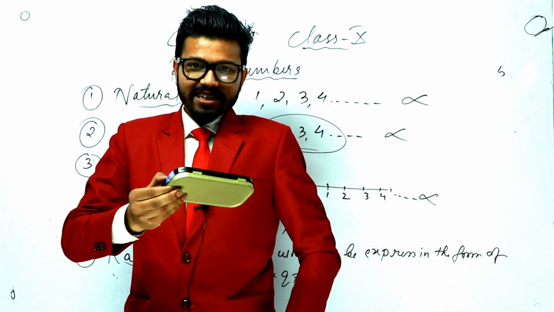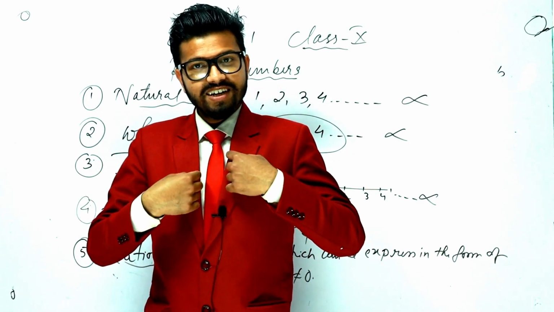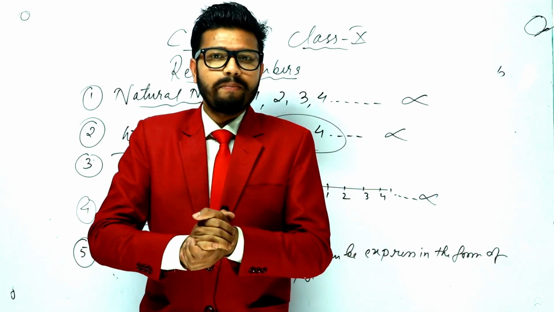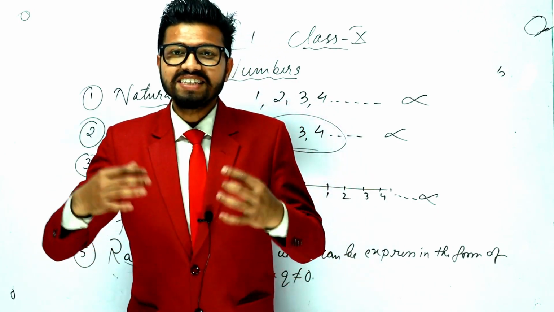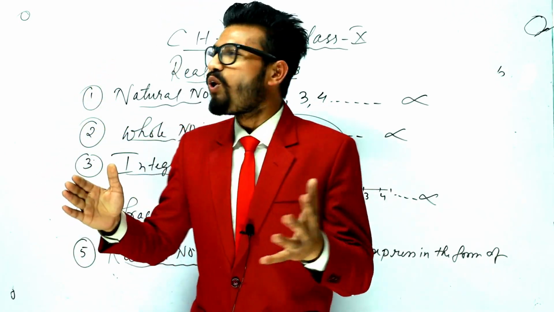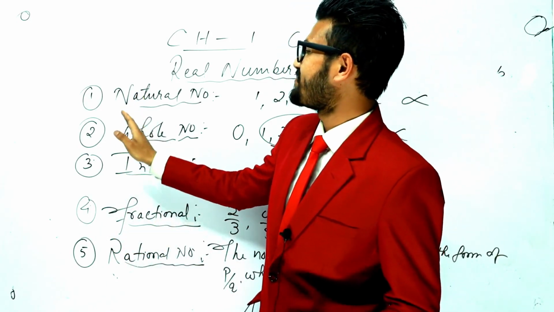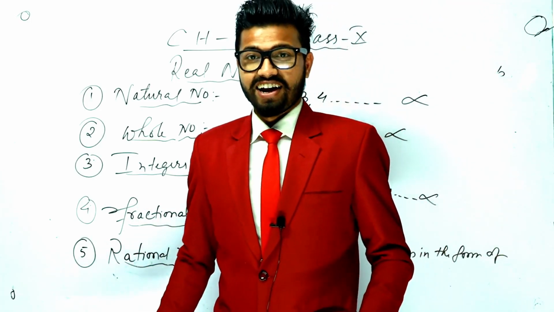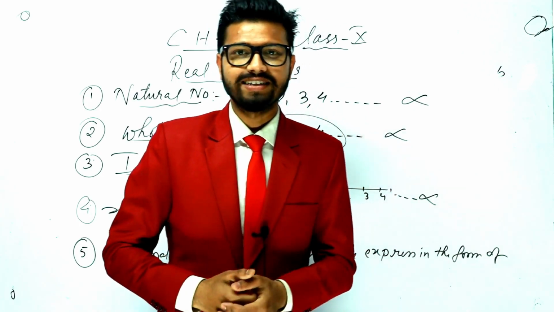Even the geometry box, the whole numbers, is included in my blazer, and the instruments like pencil and rubber as well. So the rational number includes natural numbers, whole numbers, integers, fraction numbers. Everything is included in the rational number. I hope the definition and the way I explained it are clear.